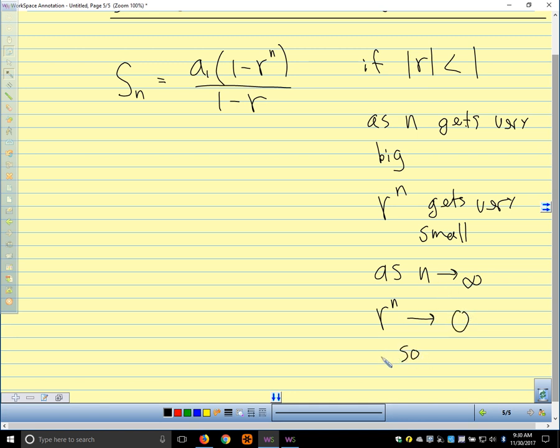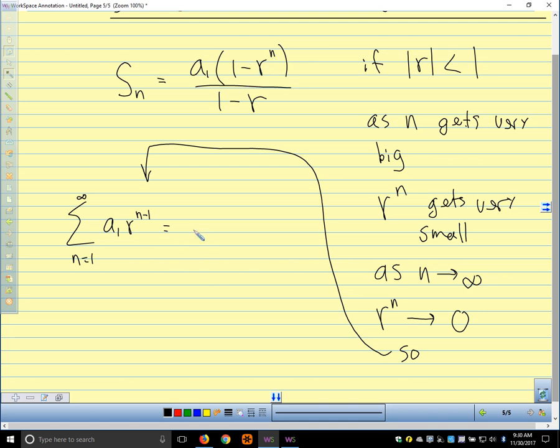So, I'm going to write this over here. The sum from n equals 1 to infinity of a1 r to the n minus 1 equals, well, in this formula, we have a1, 1 minus 0 as n gets close to infinity. 1 minus 0 is just 1.